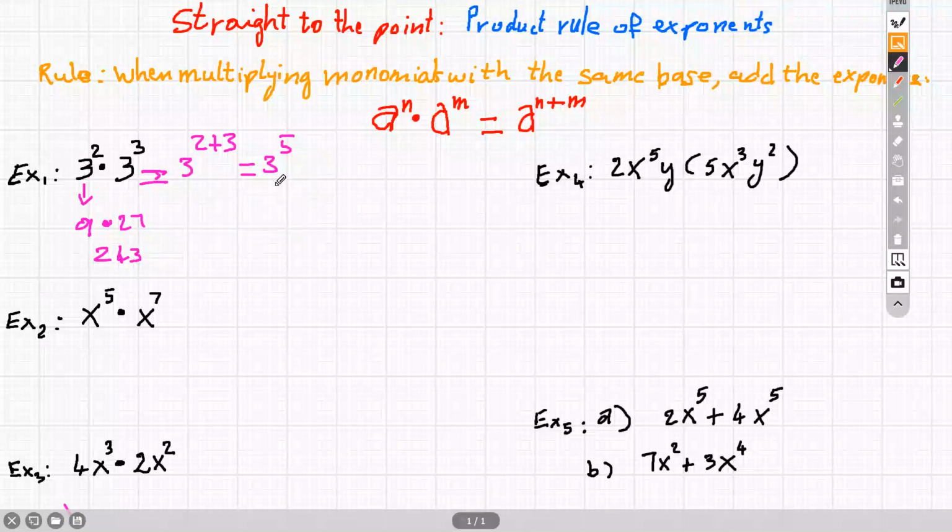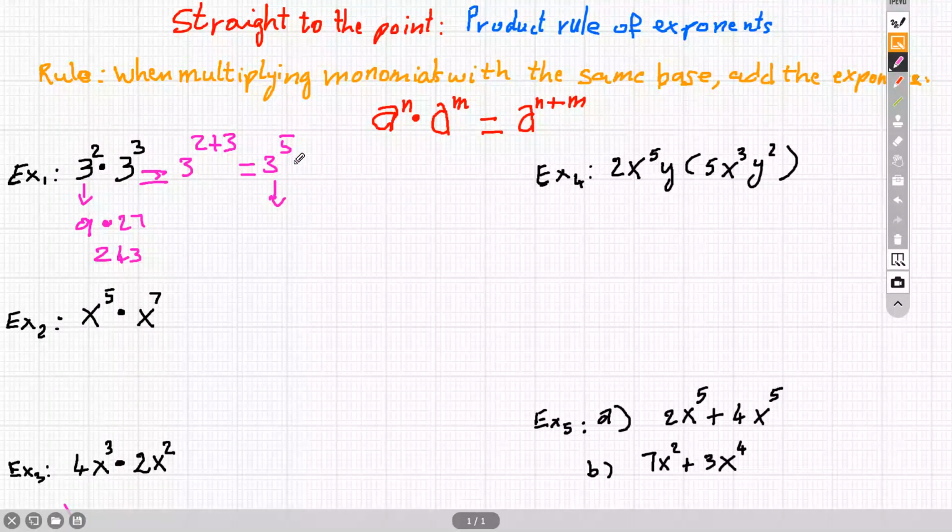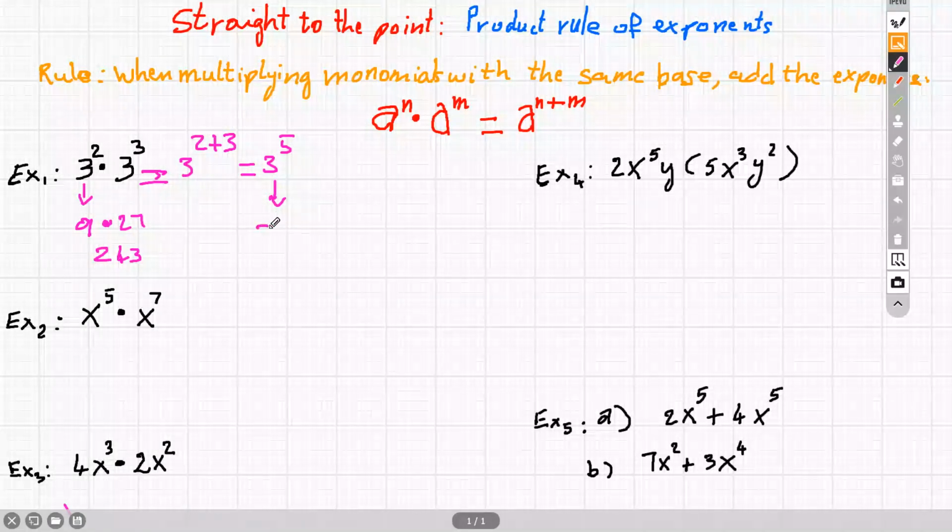Or, applying the rule, you could go straight to 3 to the 5th, which is 3 times 3 times 3 times 3 times 3, 5 times, which will also give you the same answer. But this is just meant for you to see how the rule is applied.